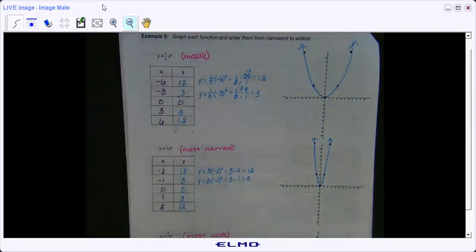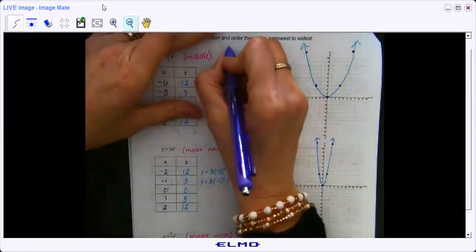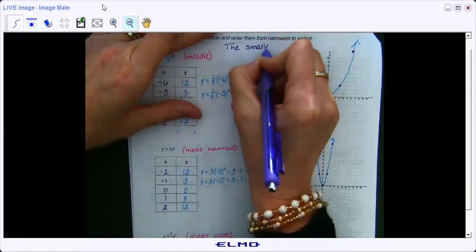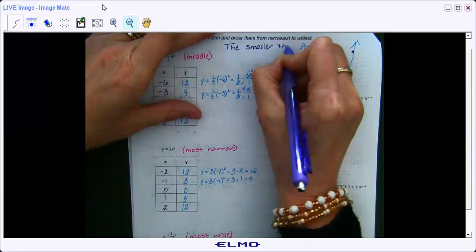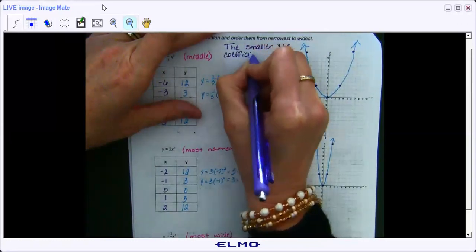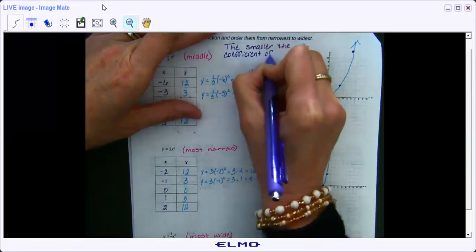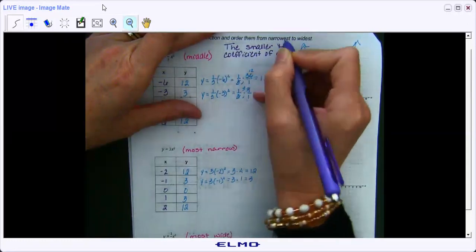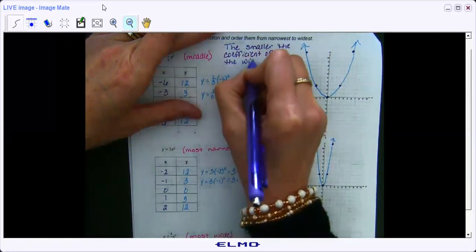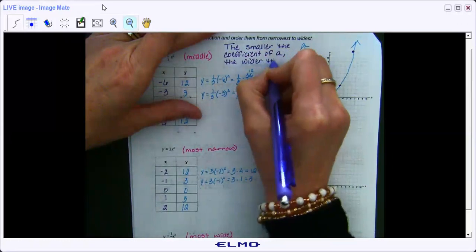And then the conclusion that you should come to is, I'm going to write it up here: the smaller the coefficient of a, the wider the parabola.